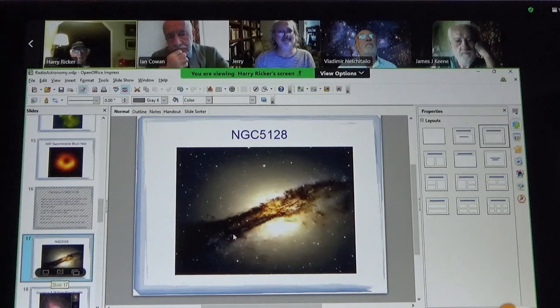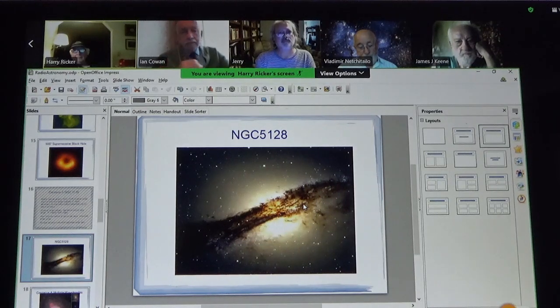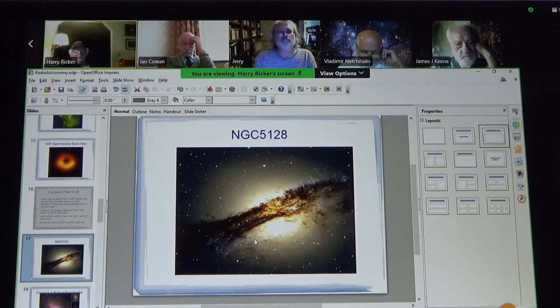Even before radio, optical astronomers didn't know anything about radio, but they could still see there was something strange because of this big band of dust. It doesn't look like any other galaxy. So they put the term peculiar on it. They call it a peculiar elliptical galaxy because if you take away the dust, you get an elliptical galaxy.